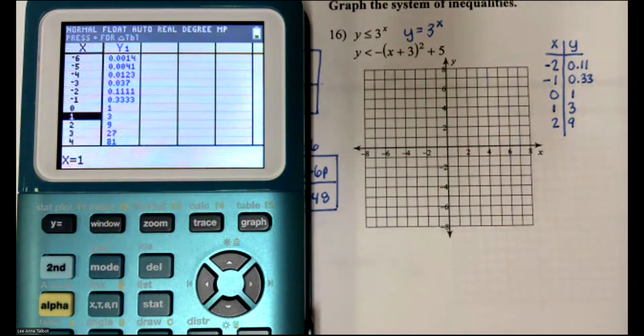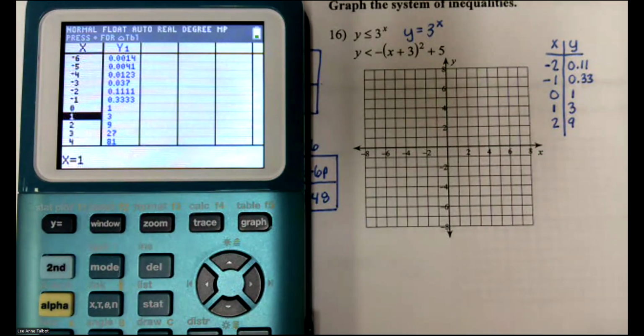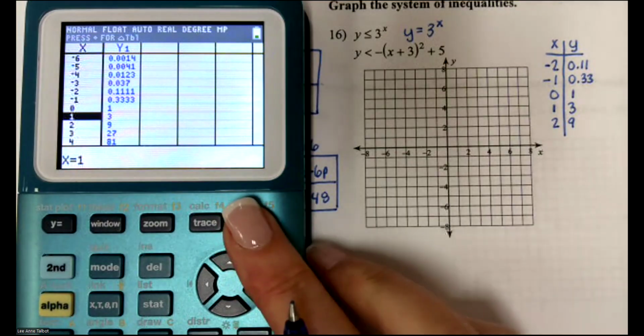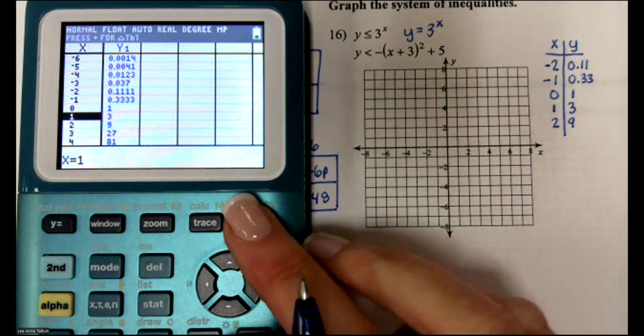Grab a few points from the graphing calculator table. Cheating just a little, just a smidge. Just efficiency for speed purposes.